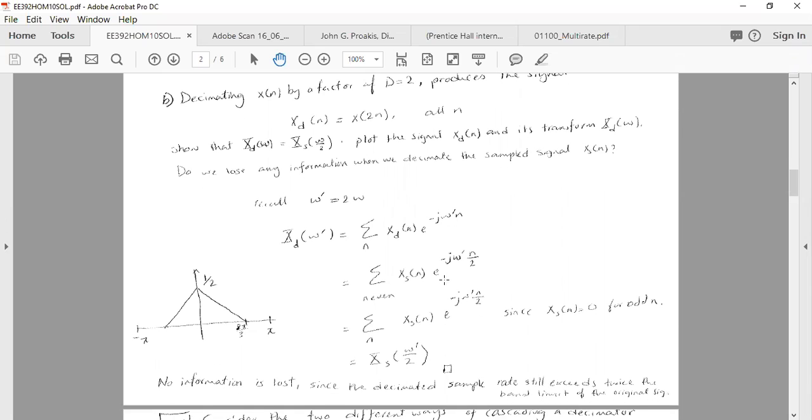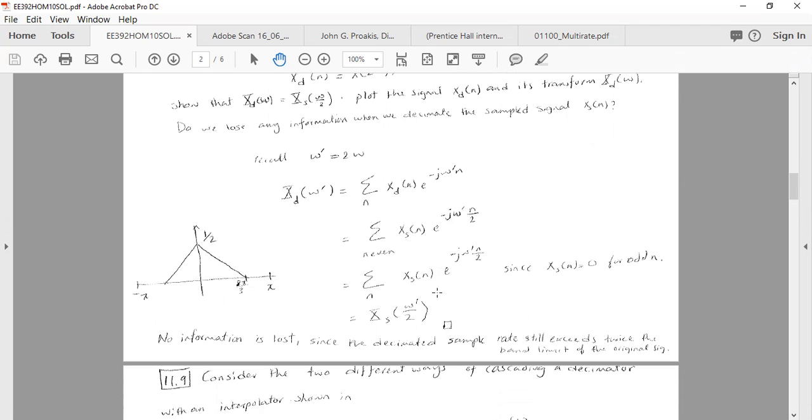So in this particular case, we will only have a value when n is even, right? We can rewrite this in terms of this, replacing n as even.